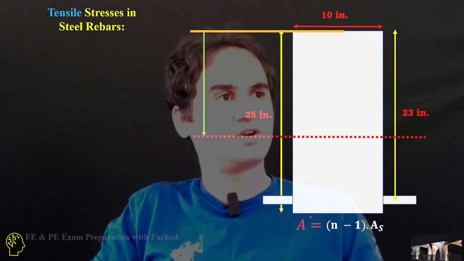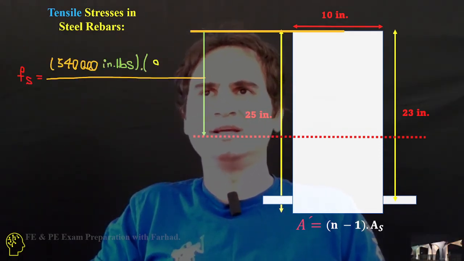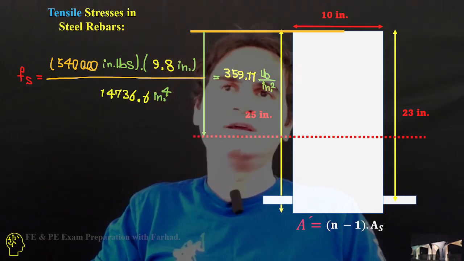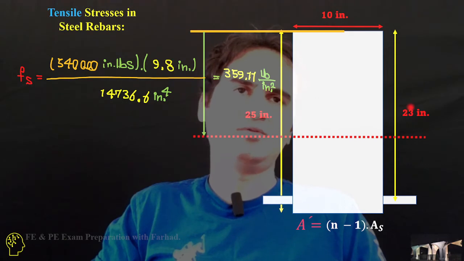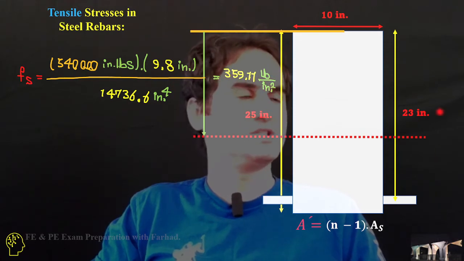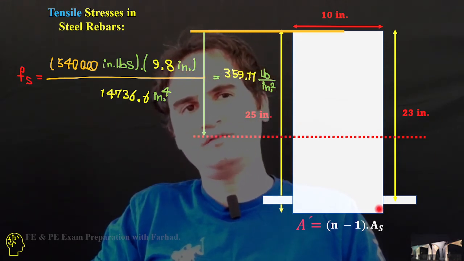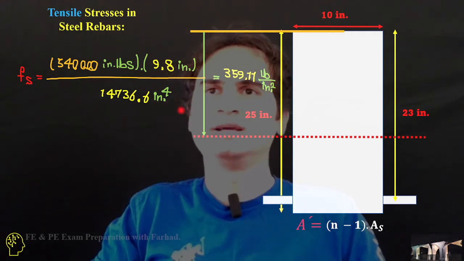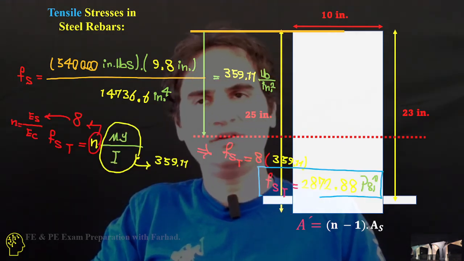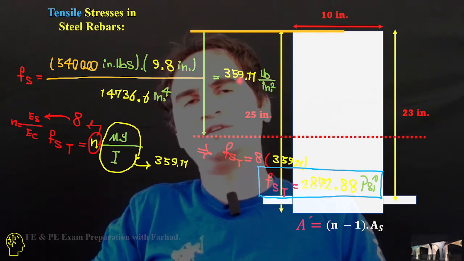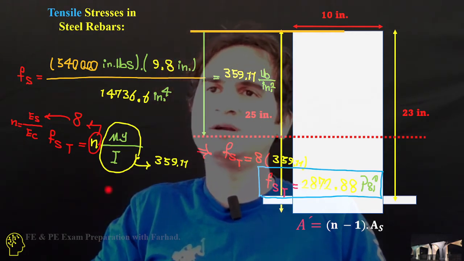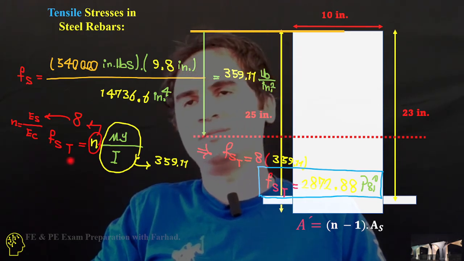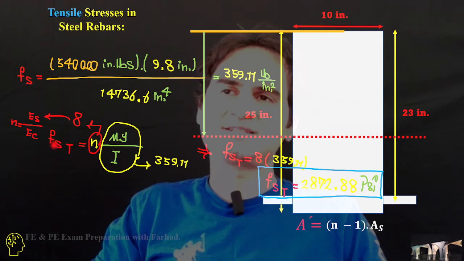Now we are done with the concrete part. Let's go to the tensile stress in steel rebars. So Mc over I, and that distance is 9.8, which is 23 minus 13.2, the y bar, the centroid of the equivalent concrete which replaced the rebars, over the same moment of inertia. It gives us 359.11 psi.